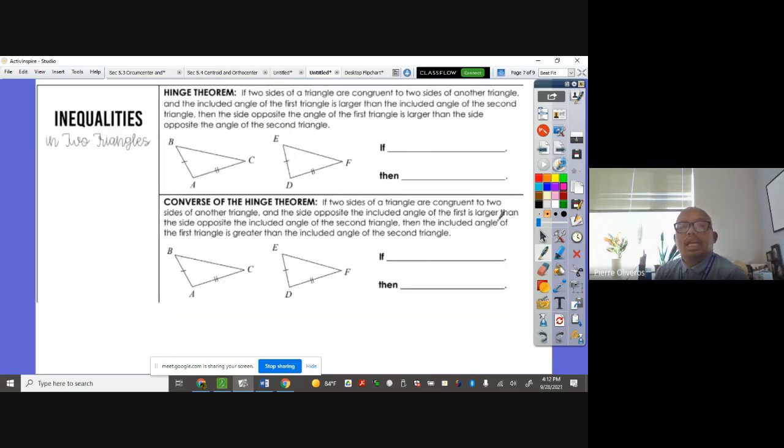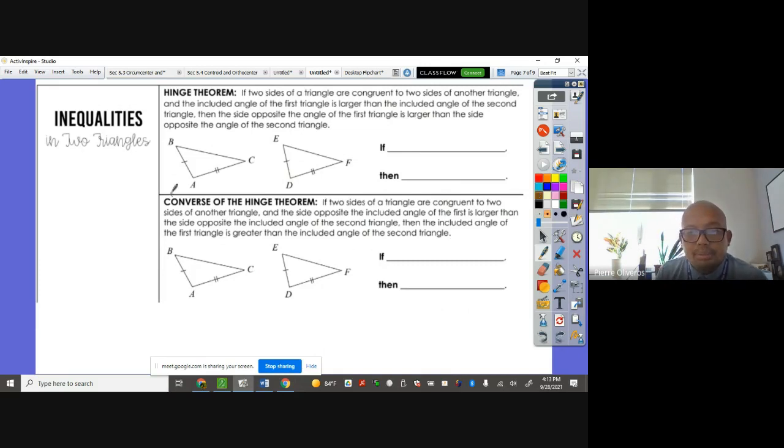Now, the hinge theorem. If two sides of a triangle are congruent to two sides of another triangle, and the included angle of the first is larger than the included angle of the second, then the side opposite the angle of the first triangle is larger than the side opposite the angle of the second triangle.